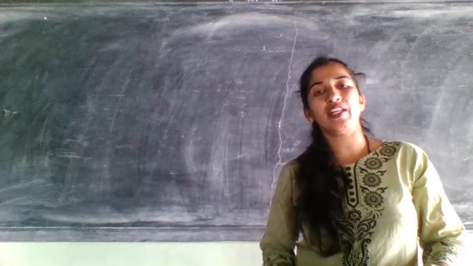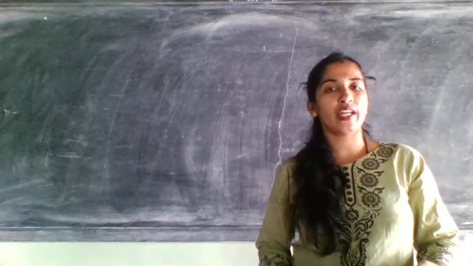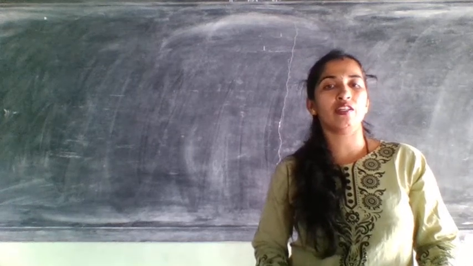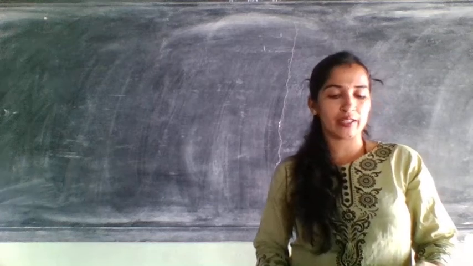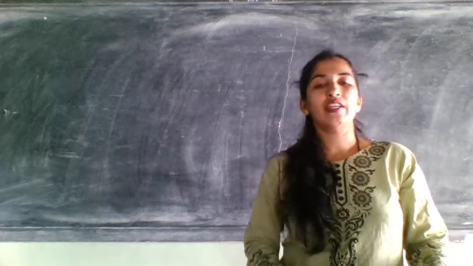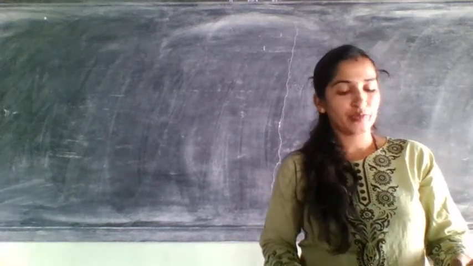So after finding the remaining share, you need to calculate the new profit sharing ratio. That I already taught you while I was doing the calculation of new profit sharing ratio. So go through it once. You can check there and you can do it. But here they have not given like that. They have only given the new profit sharing ratio.